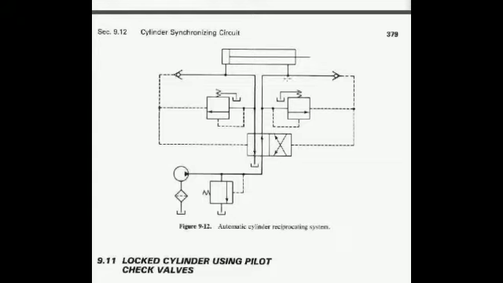So the procedure is going to be repeated. Once I get complete extension, this is going to be actuated. Once I get complete retraction, it is going to be actuated. This is how we carry out the automatic reciprocation system in hydraulic circuits.